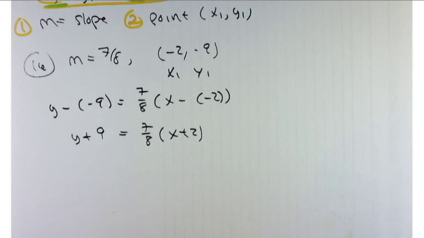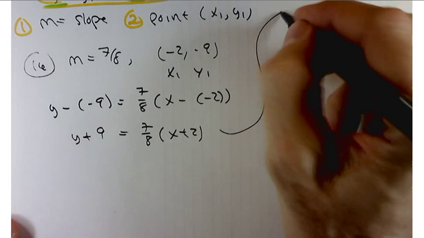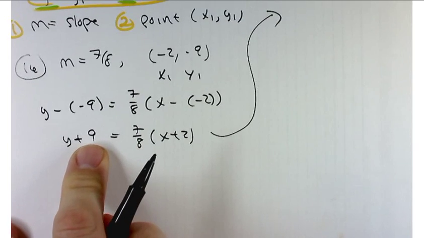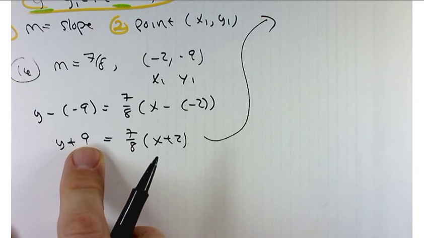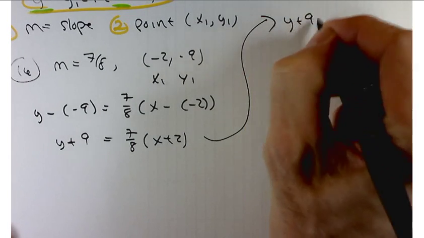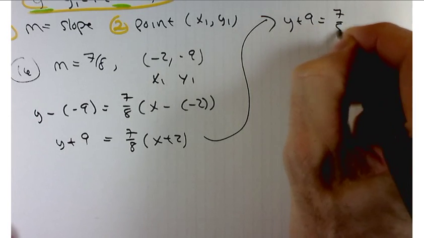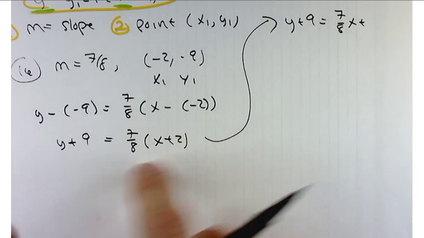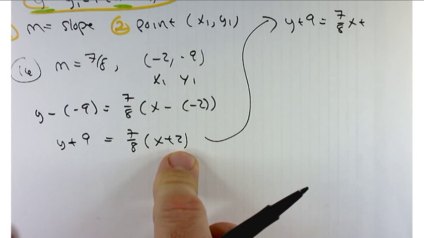Now let's see if we can distribute and then simplify. Eventually, I'm going to want to solve for y. I want y by itself to put it in slope-intercept form. So it's y plus 9 equals 7/8 x plus 7/8 times 2.